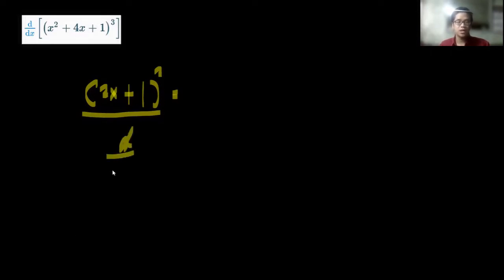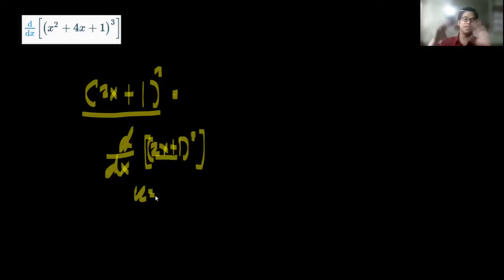So if I'm going to apply the derivative of 2x plus 1 squared, what I just did here is substitute the inner part as u, because the whole point of chain rule is derive the outer, then derive the inner. The inner part is 2x plus 1, and the derivative of u is just 2.